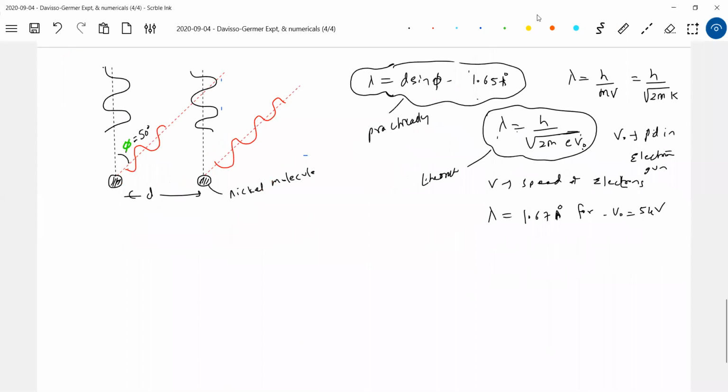So what should be the accelerating potential in the Davisson-Germer experiment so that the peak can be observed? They'll ask you that. First you calculate the λ associated with it, and with that you can compare. In the books, they are given for different accelerating potentials where we can see the peak.